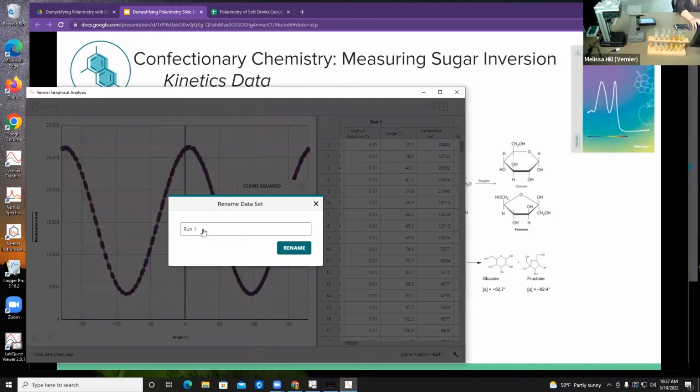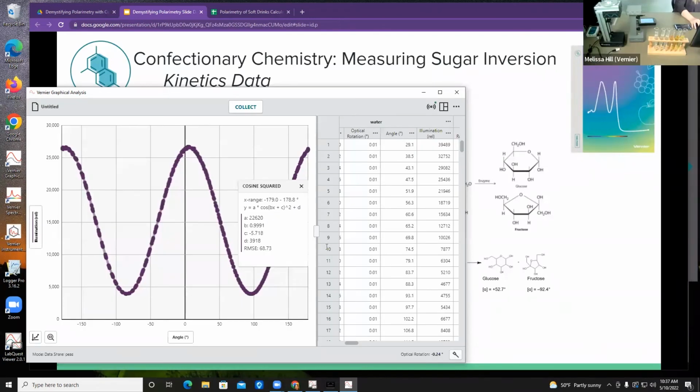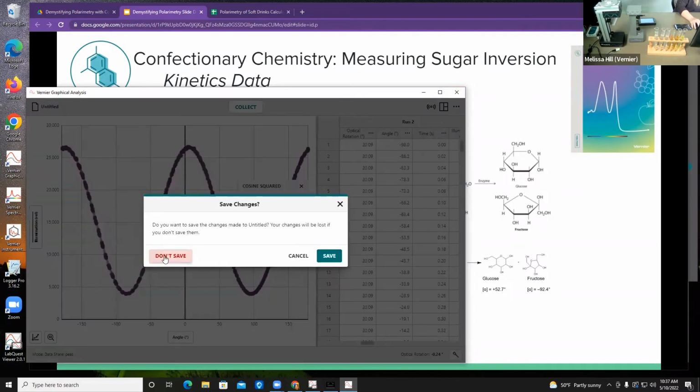Remember, we started with water, then we went to 30% sucrose, 30% fructose, Mountain Dew, Rockstar, and then Monster Energy drink. They're in the same order as on the spreadsheet. Is that right, Melissa? Yes, they are. If you want to go through and rename all those and save that data, then you'll have that data. But I'm going to go ahead and close. I'm not going to save.